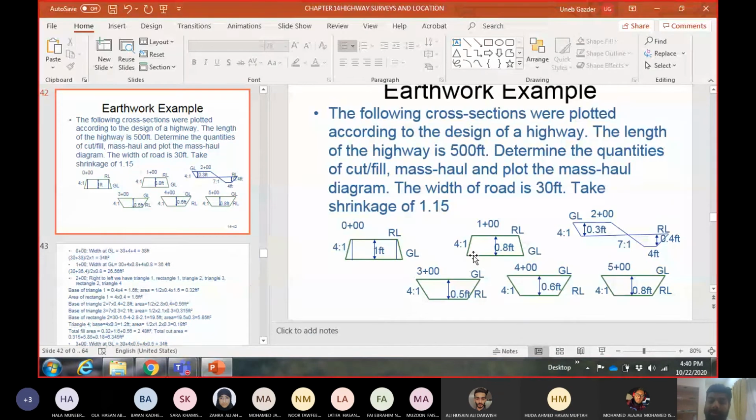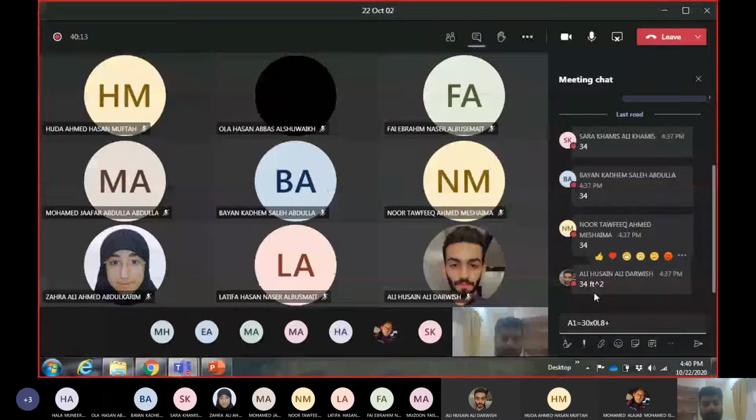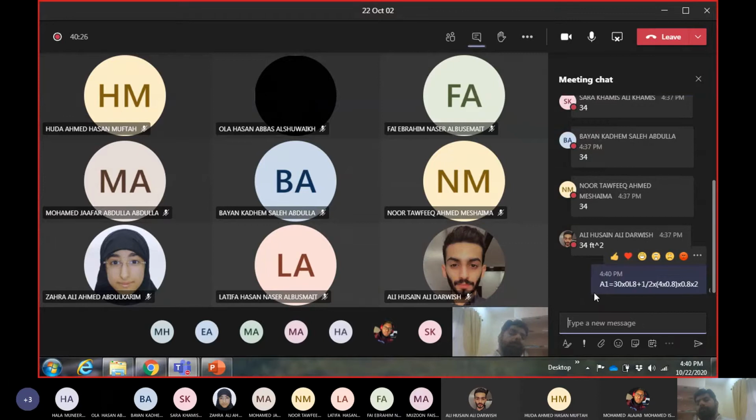Now the height is 0.8 and again the ratio is same, 1:4. So for 1 feet I have a base of 4. So for 0.8 feet I will have the base of 4 into 0.8. So half into base, which is 4 into 0.8, into the height, which is 0.8, multiply by 2 because there are two triangles, one on each side. Okay, give me the area now.